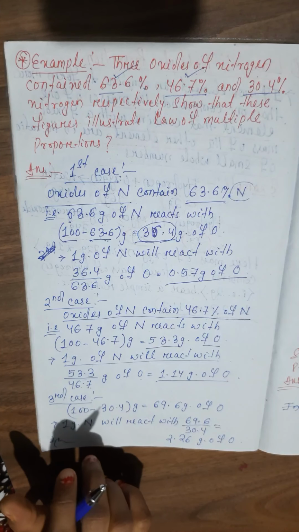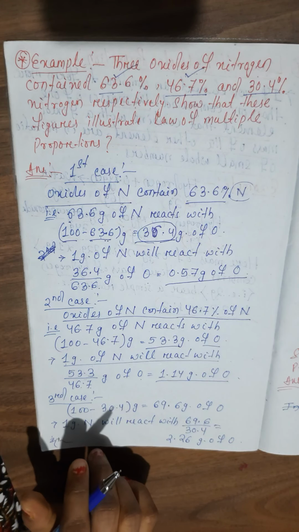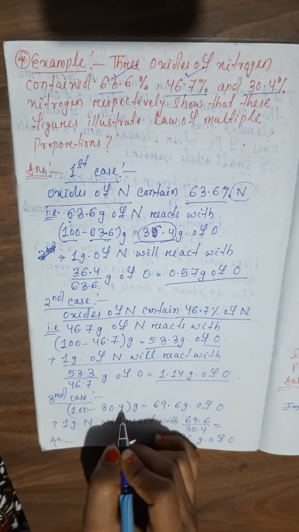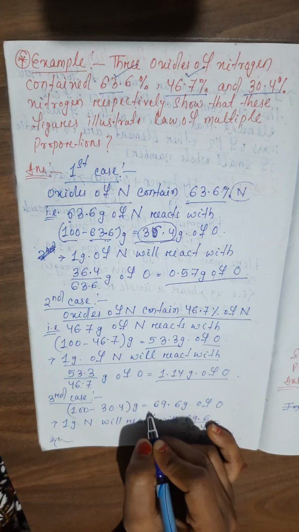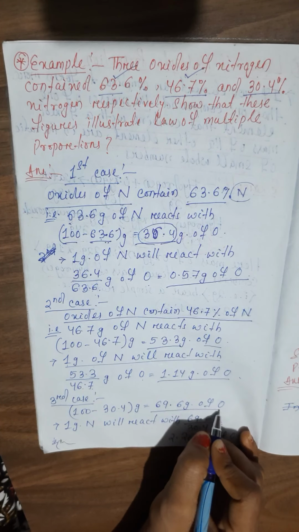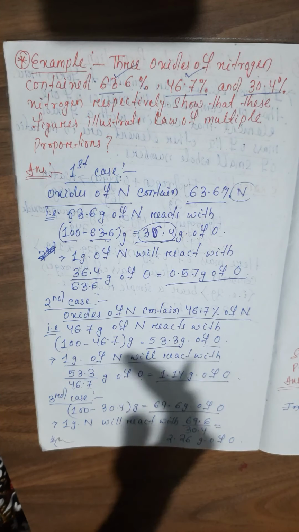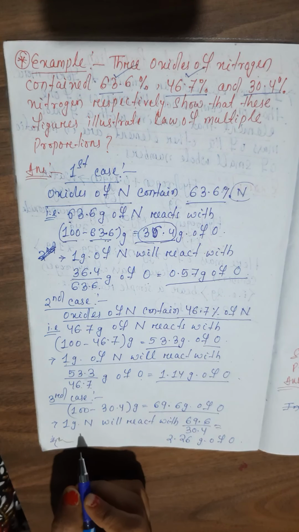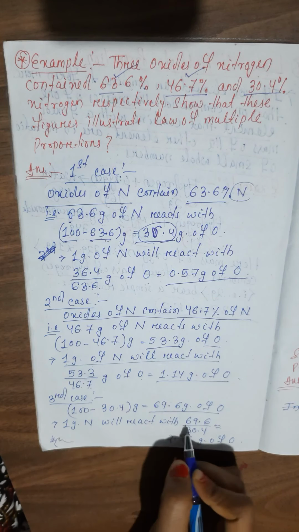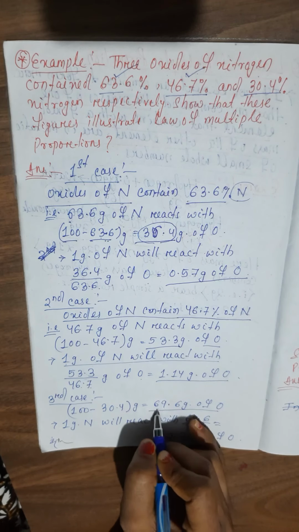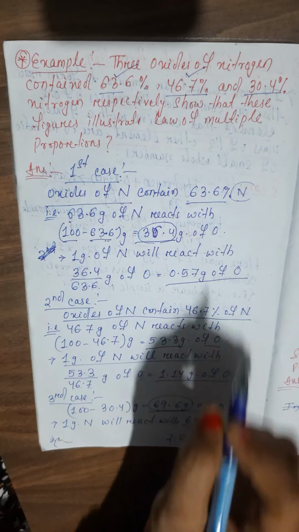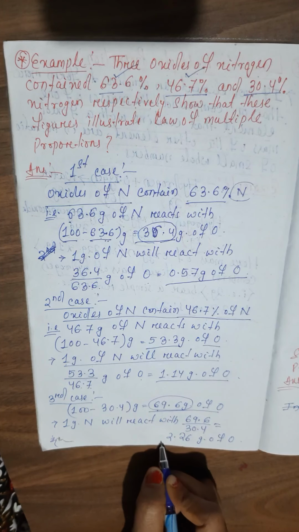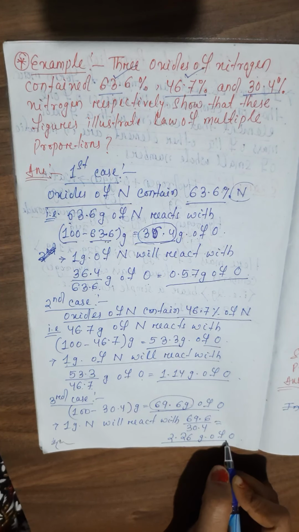So for 30.4%, first we have to subtract from 100, that is 100 minus 30.4 equal to 69.6 gram of oxygen. Then we have to divide it. So 1 gram of nitrogen will react with 69.6 gram divided by the given 30.4 gram. So we get 2.26 gram of oxygen.